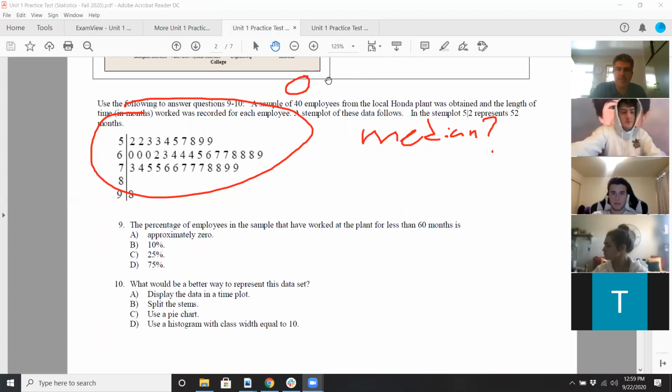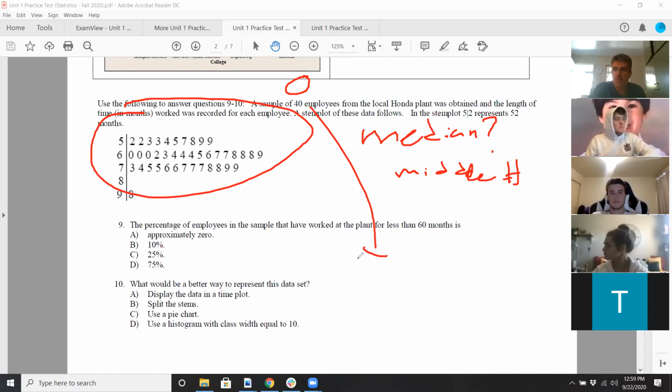So the best way to do it, remember the median is the middle number. You have 40 employees. So what's going to be right in the middle? You have your lower 20 and your upper 20, right? So it's going to be the average of the 20th and 21st numbers.